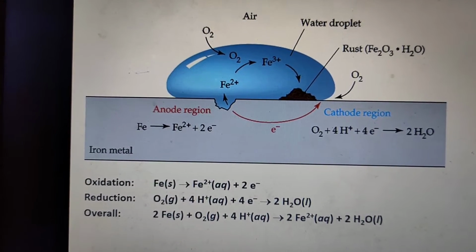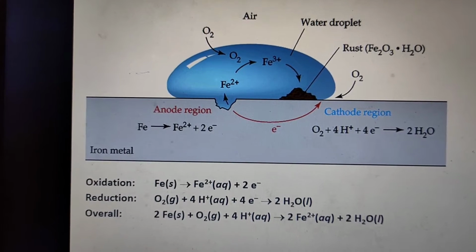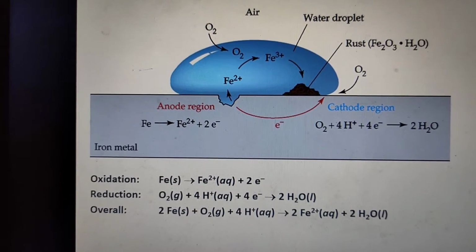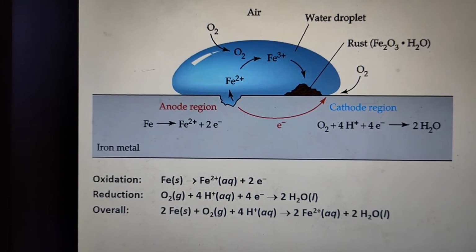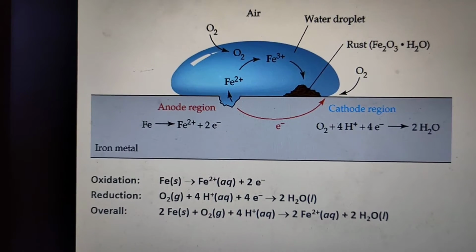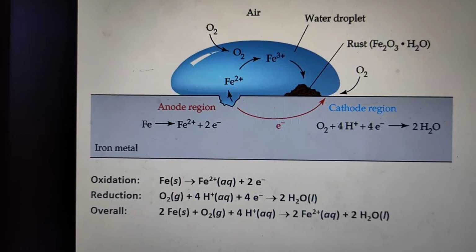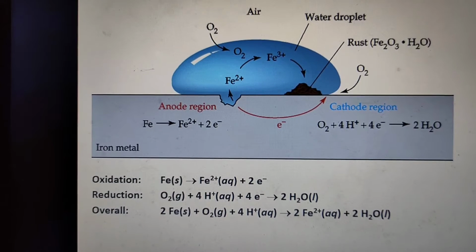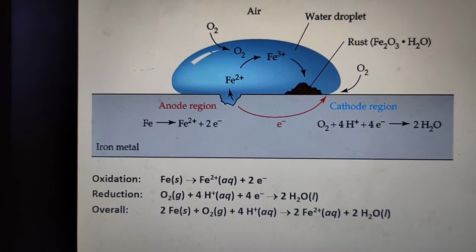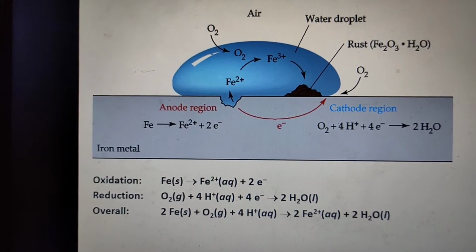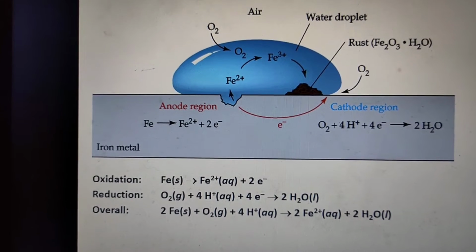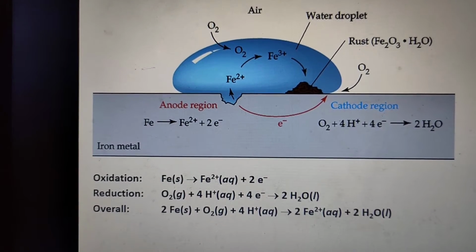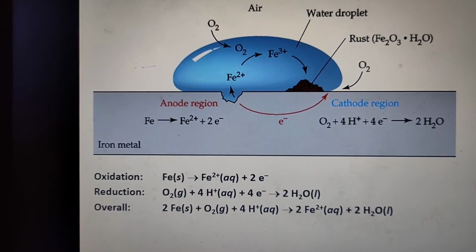So we are explaining this rusting as an electrochemical process. At the anode, iron is oxidized to Fe2+, and at the cathode, oxygen is reduced to water in the presence of hydrogen ions. The hydrogen ions are obtained by the decomposition of carbonic acid, which is formed by the dissolution of carbon dioxide in water.